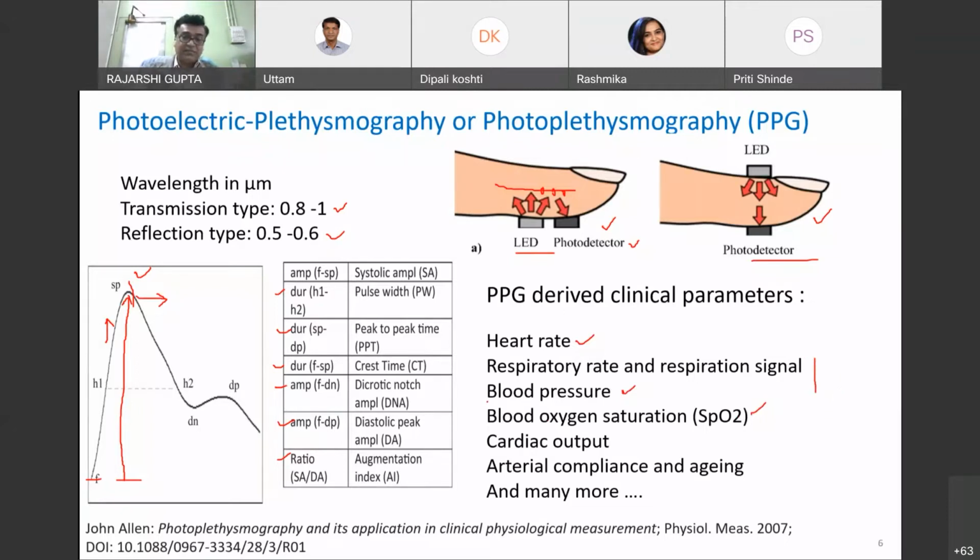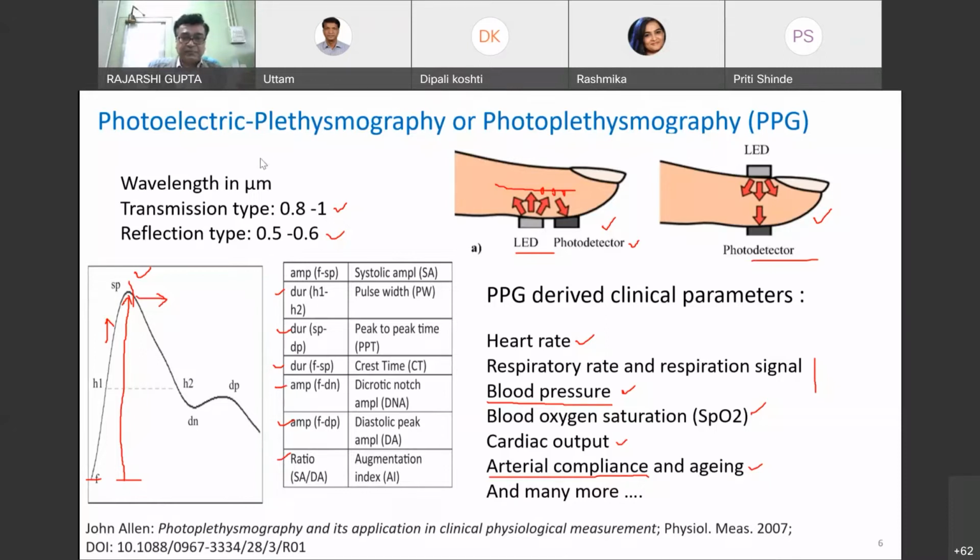This is one prominent area of research, then cardiac output, arterial compliance and aging. Basically, this is what is meant by arterial compliance. With our aging, the elasticity and flexibility of the arteries decrease. So various features of PPG can be used to determine the arterial compliance, which is also known as vascular compliance.